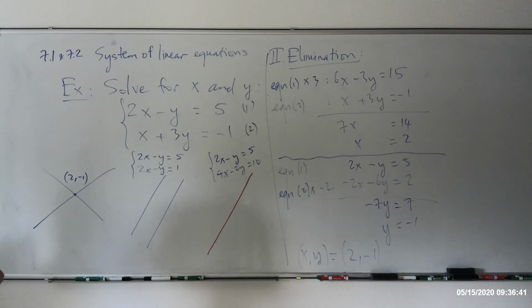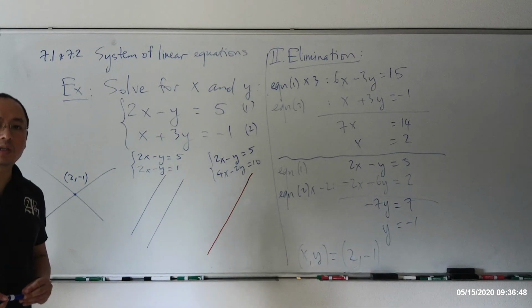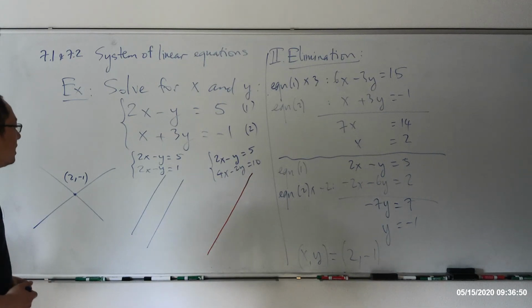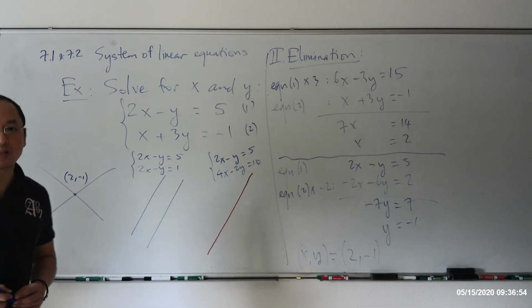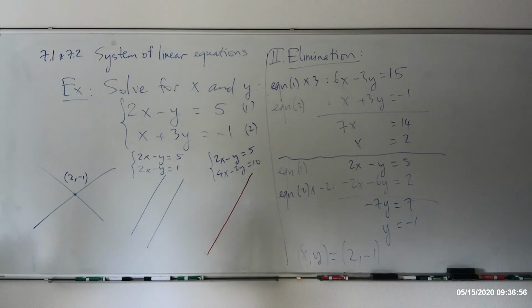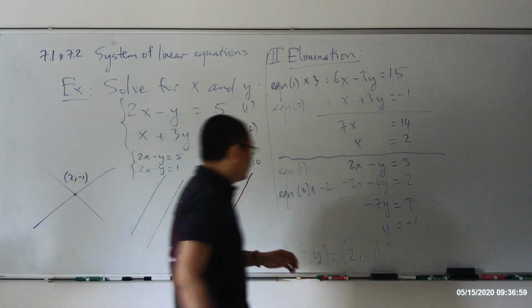Okay, let me move on to another example. This time, I'm going to give you a system of 3 linear equations with 3 unknowns. Okay, so it's going to be bigger. It's going to take more time. However, the basic concepts will be the same. Okay, let's move on.